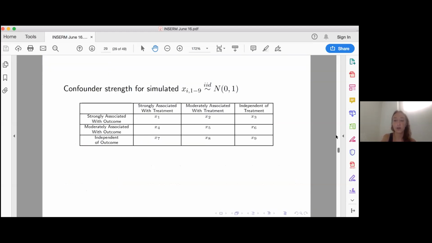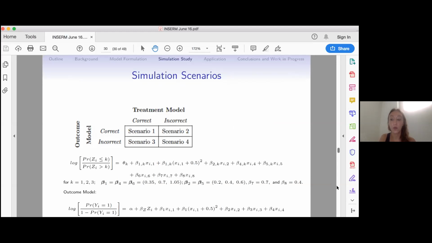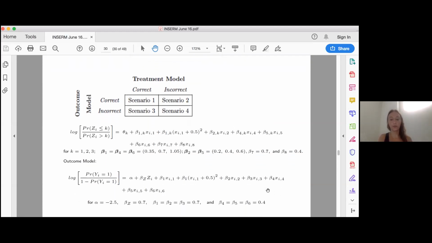This X1 was our strongest confounder. We want to see what happens. What is the breakdown like when we inappropriately model an important confounder? Okay, so I think all these details don't matter. We judiciously picked our betas. We went through lots of betas. There's nothing pathological here. This is a very standard setup.